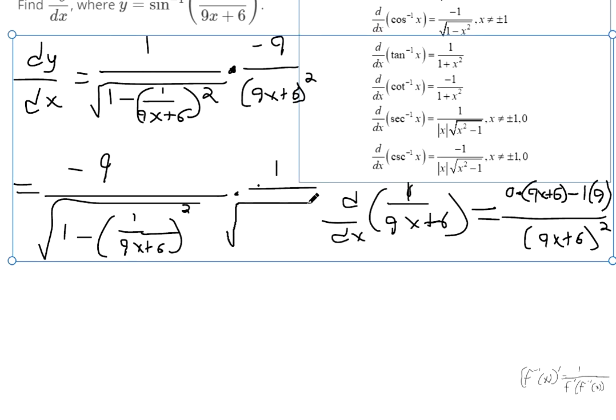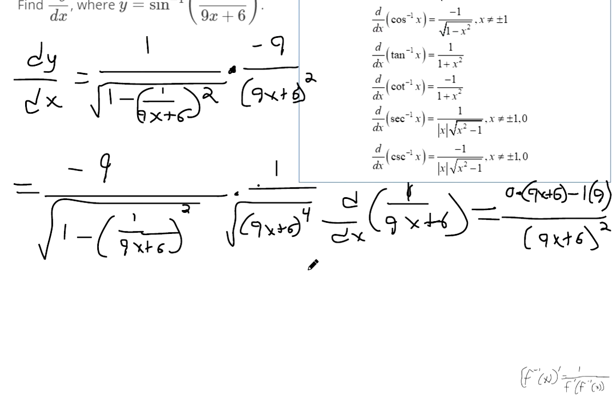I'm going to write it as the square root of 9x plus 6 to the 4th. A square root is a 1/2 power, so 1/2 on top of a 4, they would multiply. 1/2 times 4 makes 2. So this would turn back into what we have up here. I haven't broken any math rules because I'm able to reverse it and it comes out to be the same thing. But now they're both inside a square root, now I can multiply them.